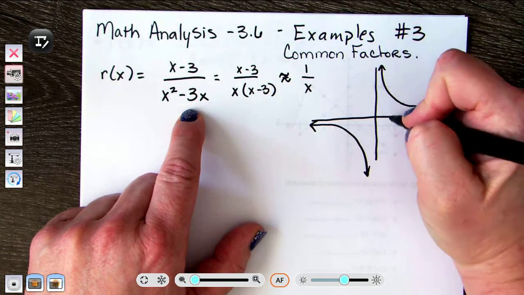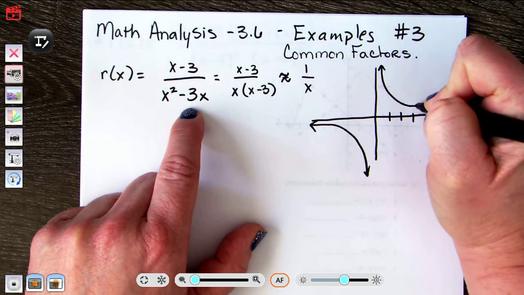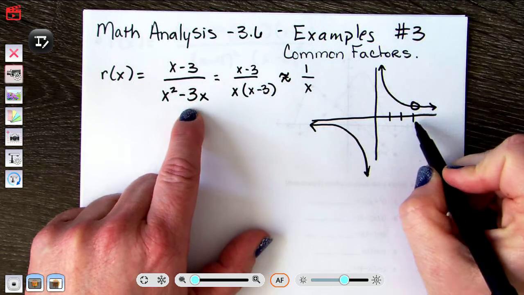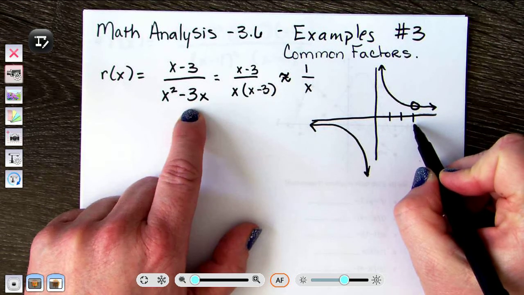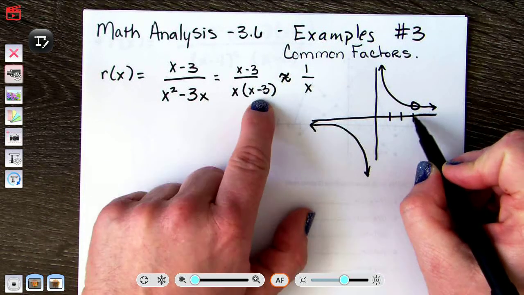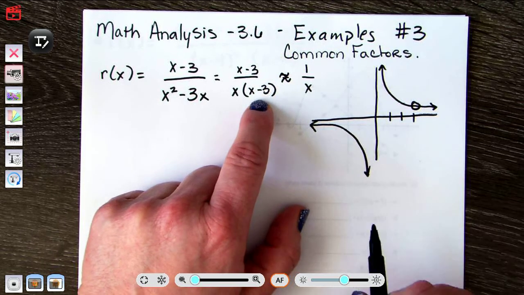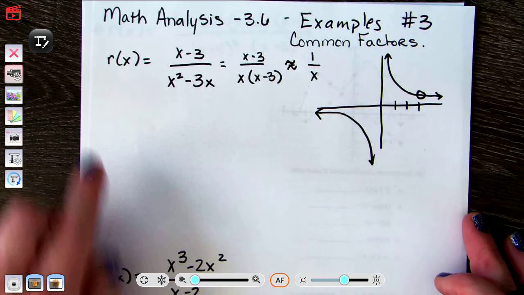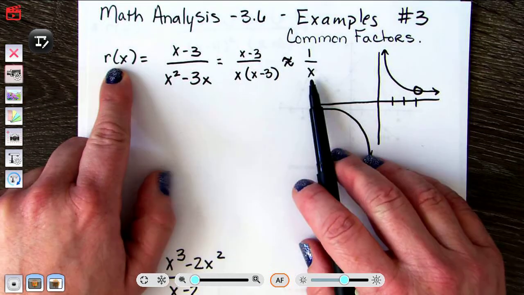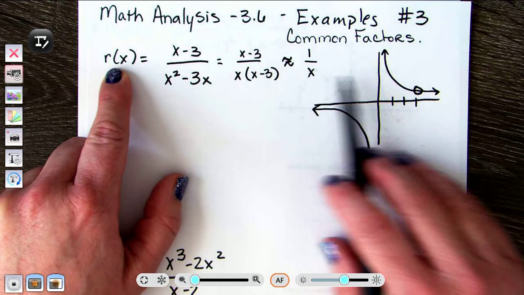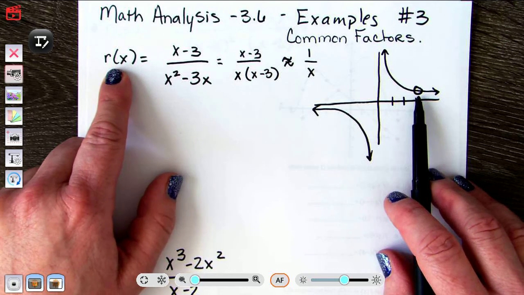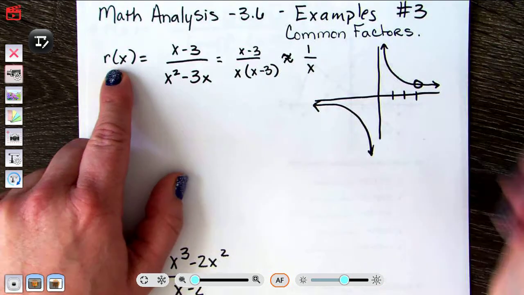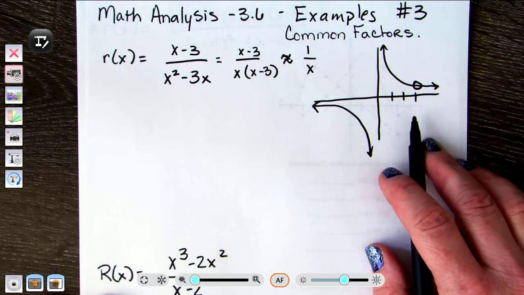It's this function with a hole in it. So if you took this point, x equaling 3, our problem spot, and put a big old circle in that graph, this is what our graph would look like. So this function looks exactly like this, but with a hole at x equals 3. I hope that makes sense.